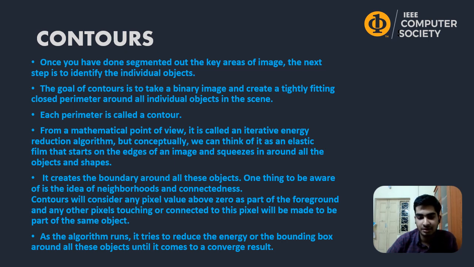Contours will consider any pixel value above 0 as part of the foreground, and any other pixel touching or connected to that pixel will be made part of the same object. As the algorithm runs, it tries to reduce the energy or the bounding box around all these objects until it comes to a converged result.